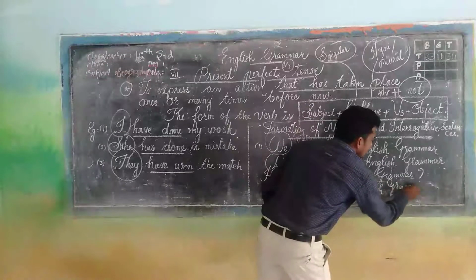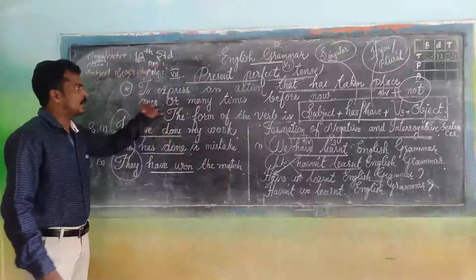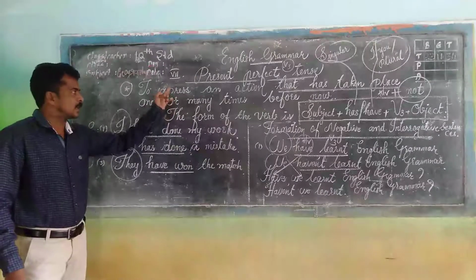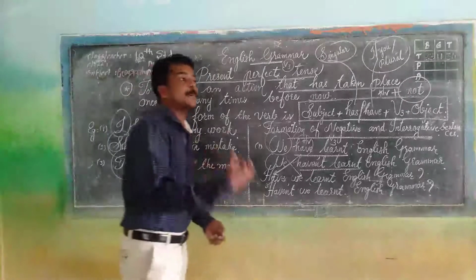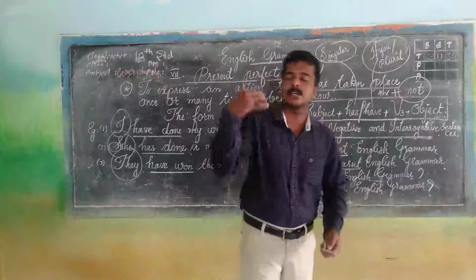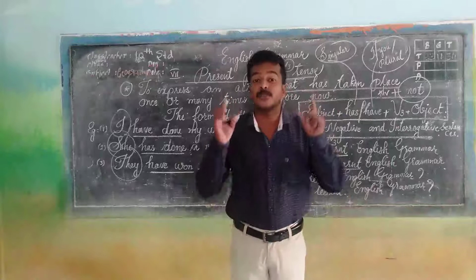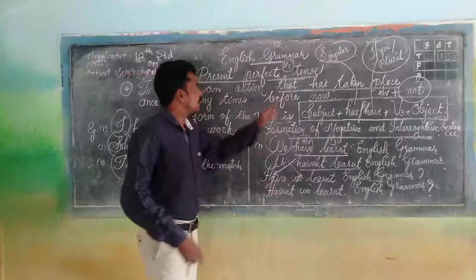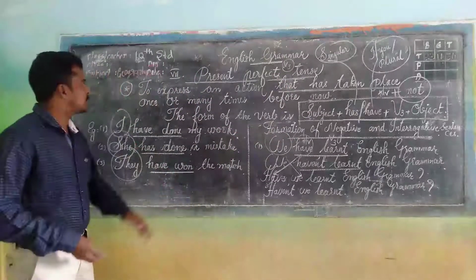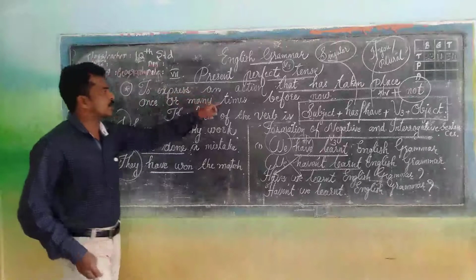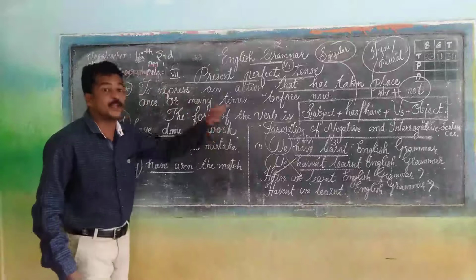Let's have a quick revision. The name of the tense is present perfect tense. As I told you, whatever the perfect tense it is, either present perfect or past perfect or future perfect, what is mandatory? The V3 form is mandatory. And we use present perfect tense in order to express an action that has taken place once or many times before now.